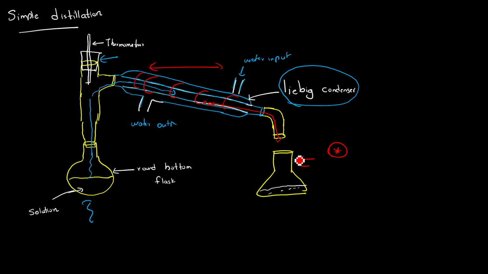You have to extract the liquid, and the vapor can convert into the liquid in this part or this part. So you need to take it into your container here, and in order to do that, you need to have this angle. So beware of that when you set up the apparatus.